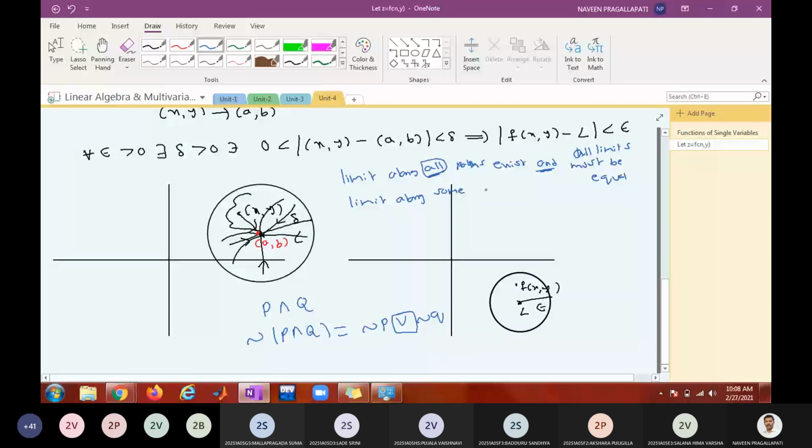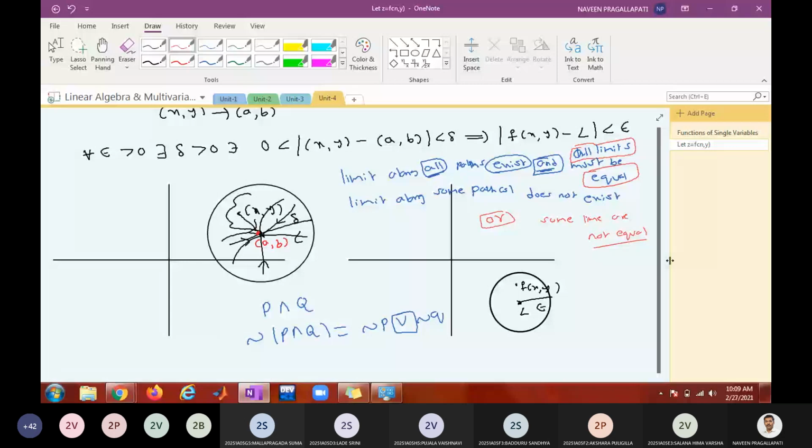Negation of exist is does not exist. What is the negation of and? Or. Are all limits equal? Are some limits not equal? Now, do you understand how to negate a statement? Yes, sir. Is it clear?